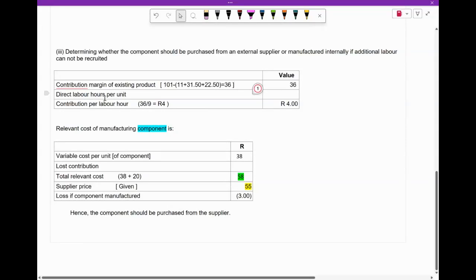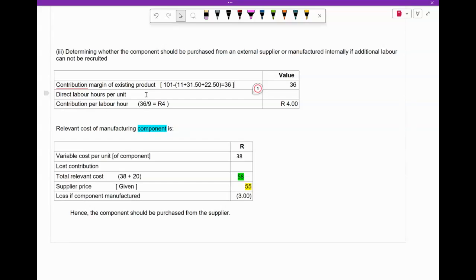Then they told us the direct labor hour per unit. What's your direct labor hour per unit? 3.50. So we must pay 3.50 for 9 hours.